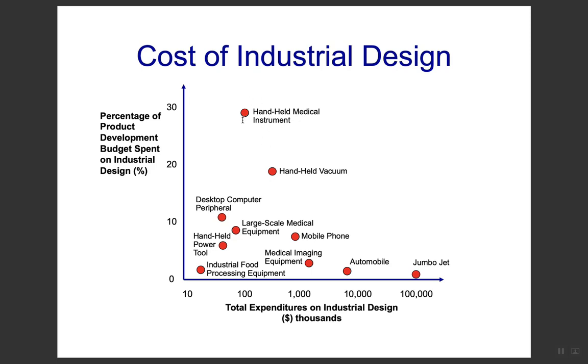It is the highest percentage of product development budget spent on industrial design. I guess you understand, guys. I've already told you in the previous slides. And then we look at other products like mobile phone, computer, and so on. Most of the products are located mostly here.